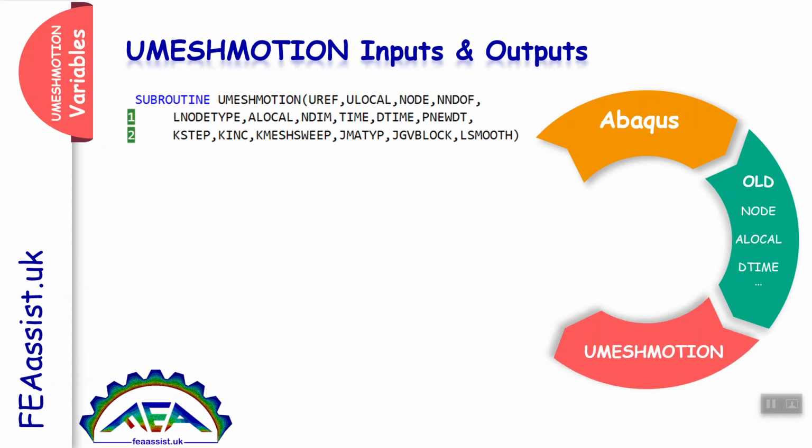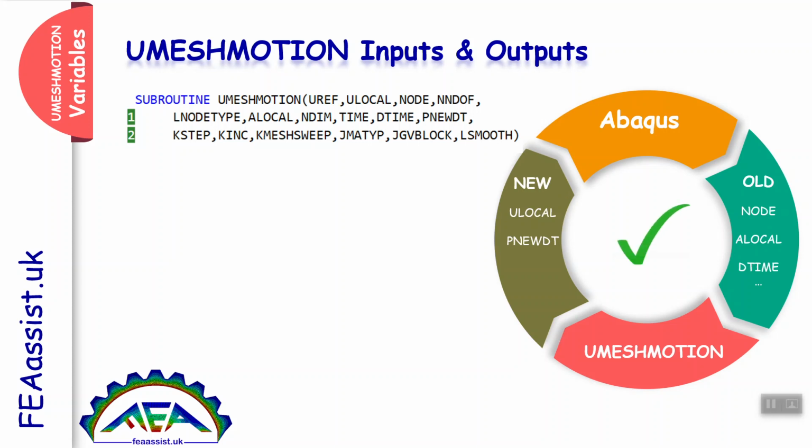We need to get these variables, process them in UMeshMotion, compute the displacement or velocity of the nodes in X, Y, and Z directions, and return these variables to Abaqus. Abaqus again uses these variables to recompute the node positions and all the necessary variables. This is how Abaqus and UMeshMotion interact with each other.